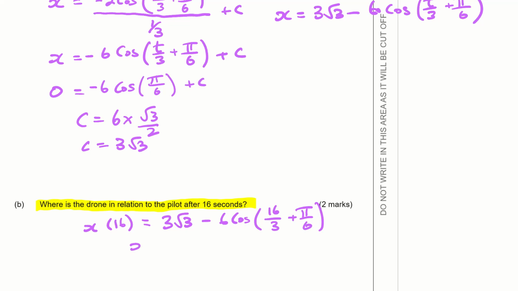Calculating that gives us x is equal to negative 0.267, and since we had north as being positive, that would make it 0.267 meters south of Ava.